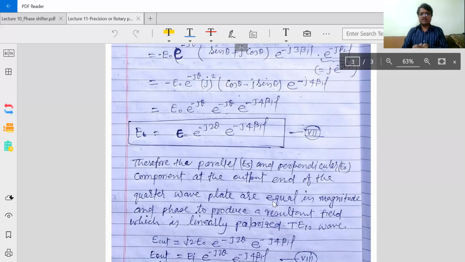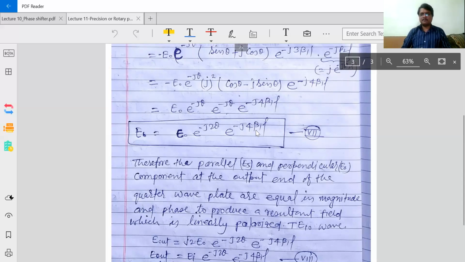And what will be the final value? This e to the power minus j 4 beta 1 l is due to the length 4l traveled: l from the input section, 2l from the middle section, that is the rotary section, and l again at the output section. It is the phase difference due to 4 beta 1 l, due to the dielectric.